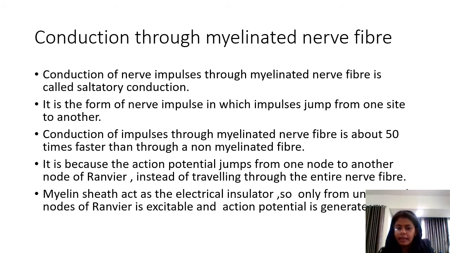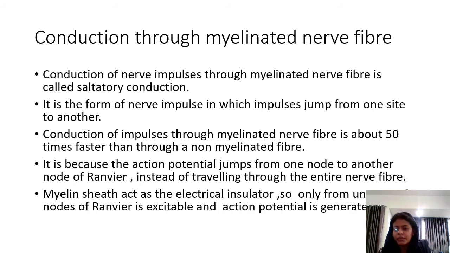create potential differences. So the nerve potential jumps from one node of Ranvier to another, instead of traveling through the entire nerve fiber. This kind of transfer of impulses is called saltatory conduction.